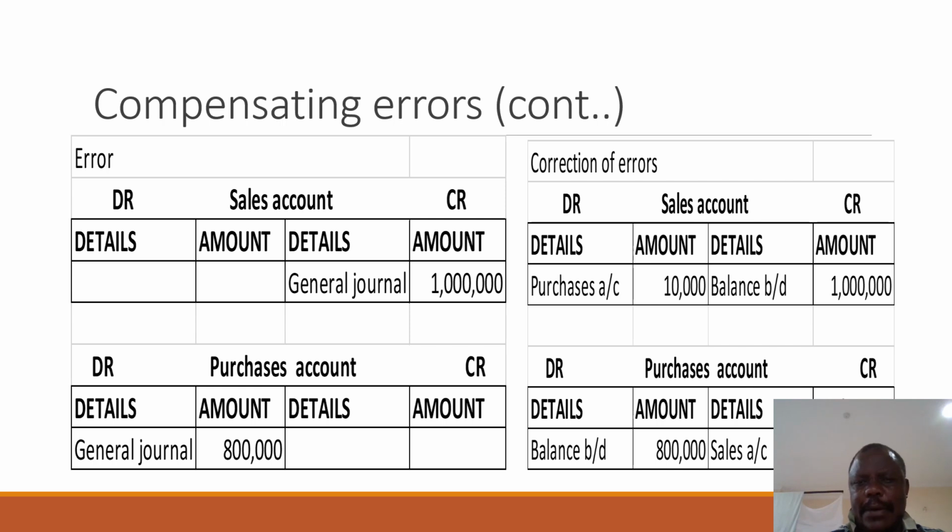In the sales account, we are going to deduct those 10,000. But since the purchases is also overcast by 10,000, we are going to cancel it with the purchases account. So in the sales account, we are going to debit 10,000, and in the purchases account, we are going to credit 10,000.